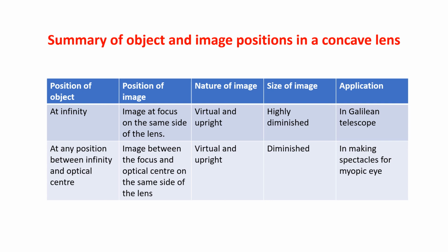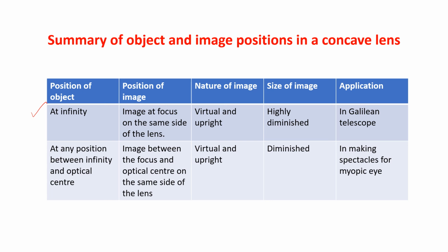The summary of object and image position in a concave lens. There are three cases, but when the object is at infinity and when the object is at a far distance, we can consider these two as one case only. See here, when the object is at infinity, the image will be formed at the focus on the same side of the lens.